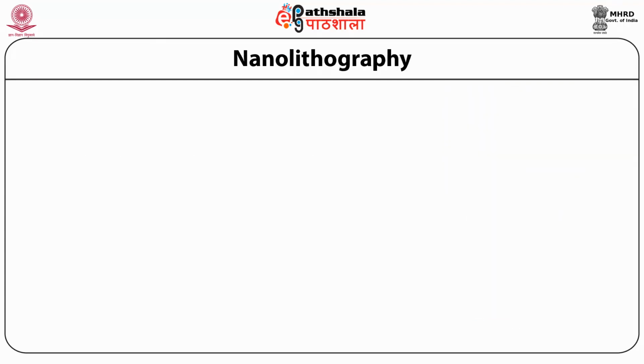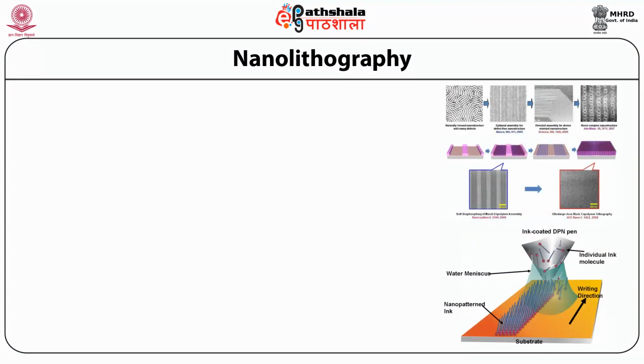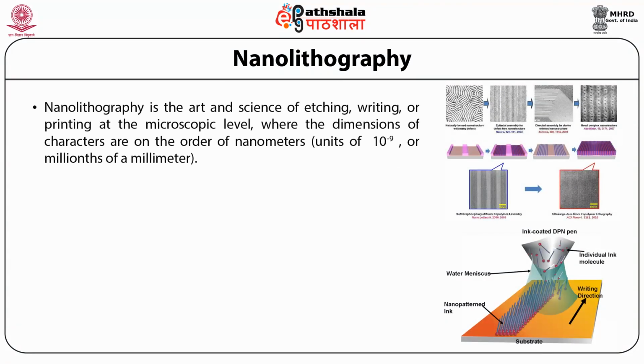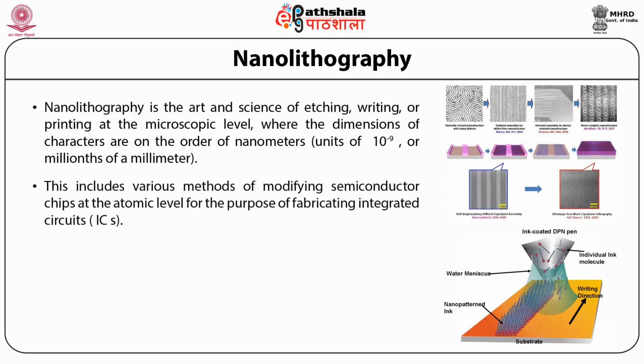The next nanotechnology product is nanolithography. Nanolithography is the art and science of etching, writing or printing at the microscopic level, where the dimensions of characters are on the order of nanometers. These include various methods of modifying semiconductor chips at the atomic level for the purpose of fabricating integrated circuits.